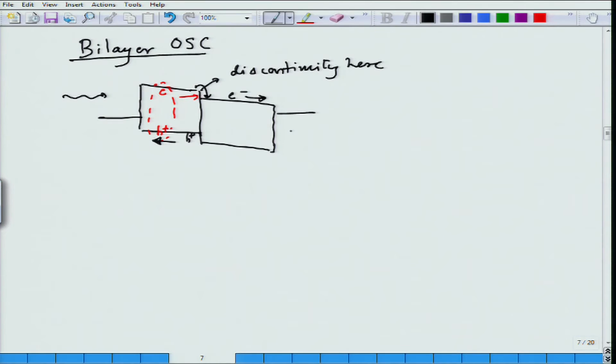Generally, because of the way it is designed, this would be an electron transporting layer semiconductor. It should have a high mobility for electrons. And the other one will be a hole transporting layer.